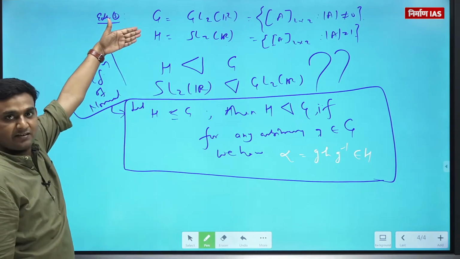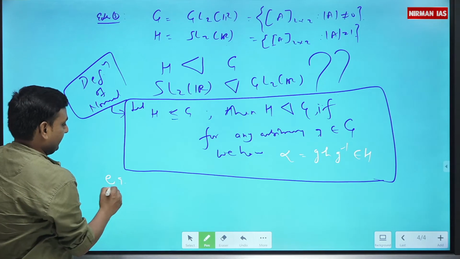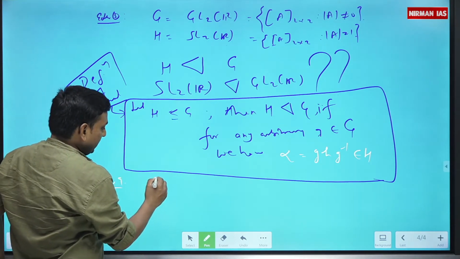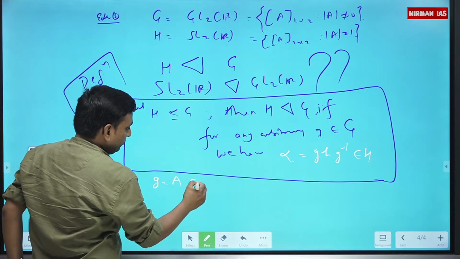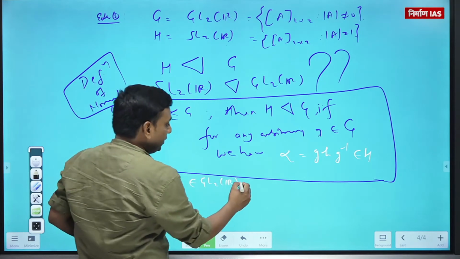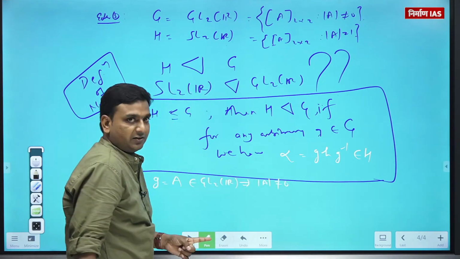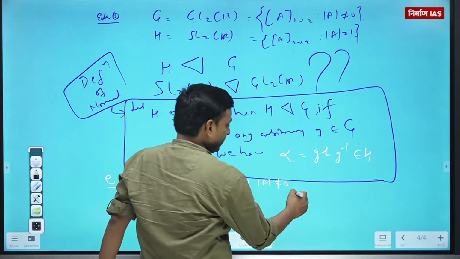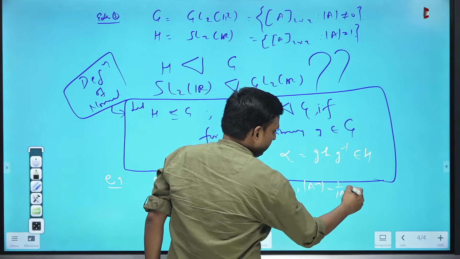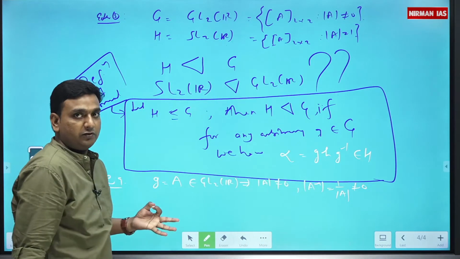Let's come to this example only. Let's take any element, a matrix A belonging to GL2(R). If A is in GL2(R), this implies the determinant of A is non-zero. Is that clear? Therefore the determinant of A inverse, which is nothing but the determinant of 1 upon A, will be 1 upon the determinant of A, which is also non-zero.